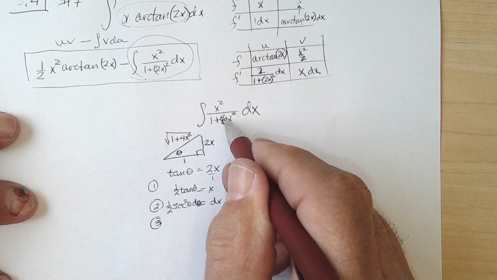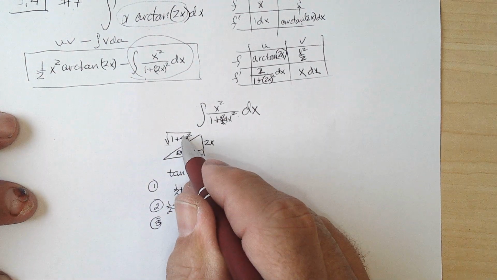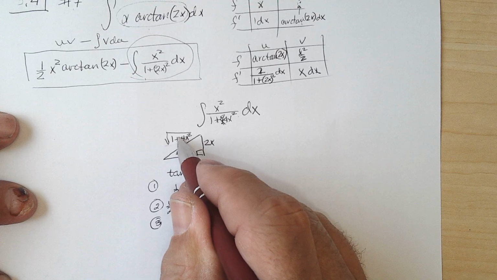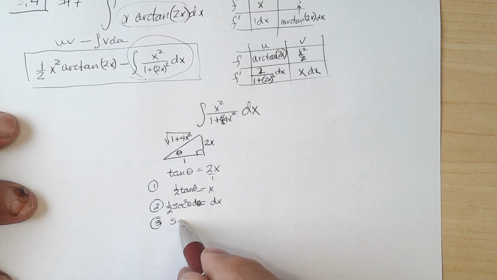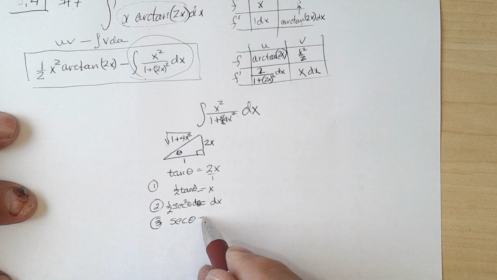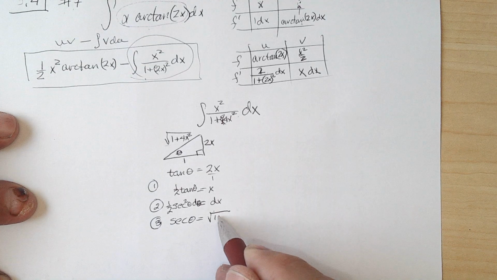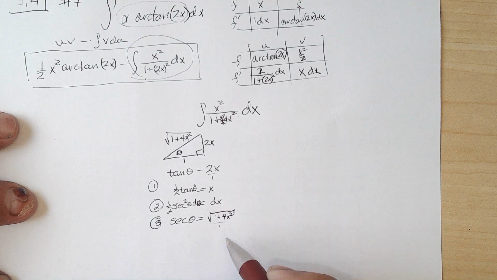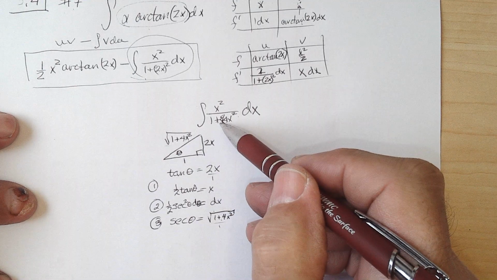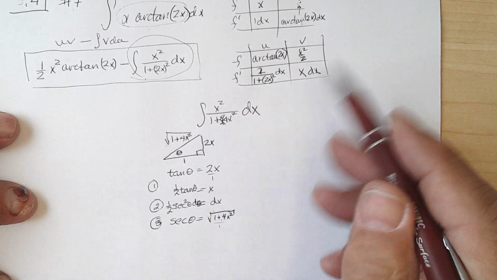This is the mess squared because there's no square root. So the mess, let's see, if 1 over the mess is the cosine, so the mess over 1 is secant, is the square root of 1 plus 4x squared over 1. And so now I have something to replace the x with, and something for dx.